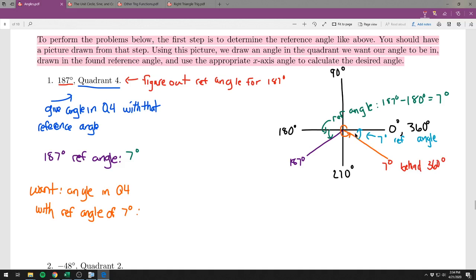So we are behind 360. We are going backwards. And if you think about exactly what that means, just think about when you learn subtraction: if I'm talking about being behind something, I'm talking about subtracting, 360 minus 7, which is 353. And so 353 degrees is the angle in quadrant 4 with a reference angle of 7 degrees. Right, so those are the two answers here.